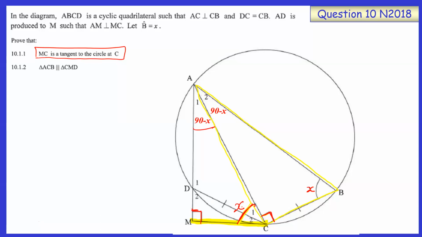So when you say equal chords, what do you mean, sir? Can you see DC is equal to BC? So equal chords subtend equal angles.